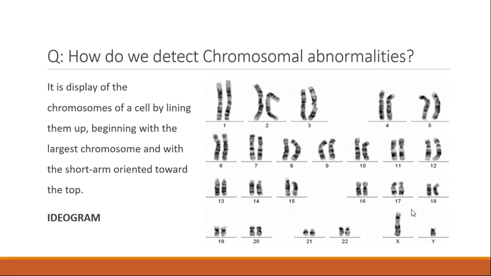Now in this diagram, chromosomes 1 to 3, that is the A group, are metacentric. Chromosomes 4 and 5, that is the B group, are submetacentric. Chromosomes 6 to 12, that is the C group, are submetacentric. Okay, that was with respect to this picture.